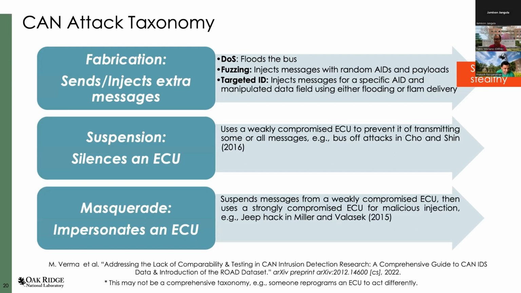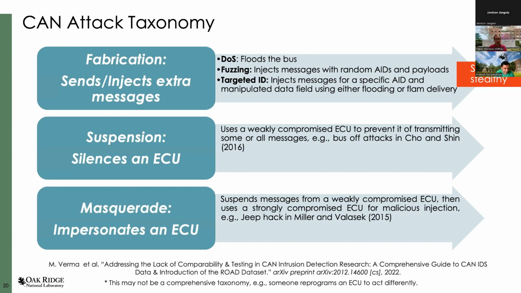So in terms of attacks, a widely recognized taxonomy for classifying these attacks is this three-tier taxonomy from this paper. The idea is that there might be fabrication attacks, in which the adversary is interested in sending or injecting extra messages to the CAN bus. Of course, this can generate denial of service, through fuzzing or through a targeted ID.